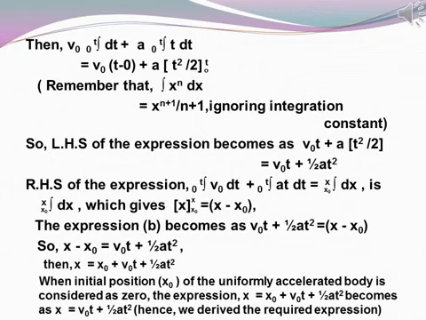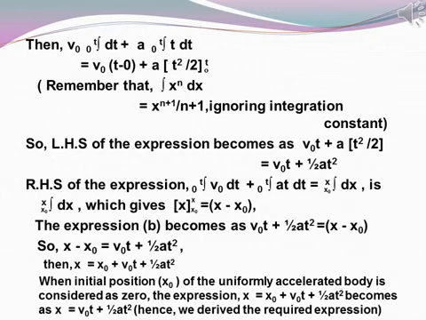This expression becomes v0t plus 1 by 2 at square is equal to x minus x0. So, x minus x0 is equal to v0t plus 1 by 2 at square, then x is equal to x0 plus v0t plus 1 by 2 at square.